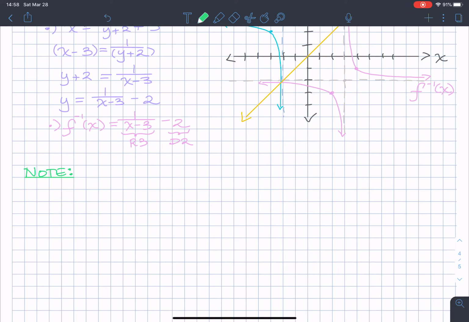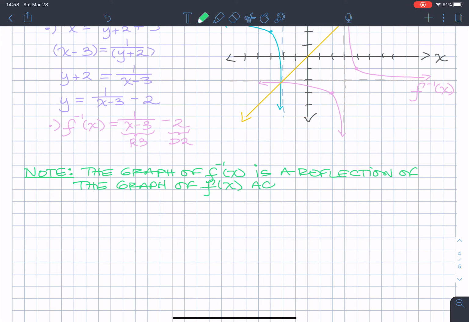So note: the graph of f inverse of x is a reflection of the graph of f of x across the main diagonal.